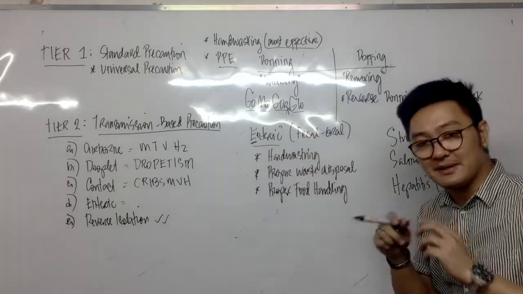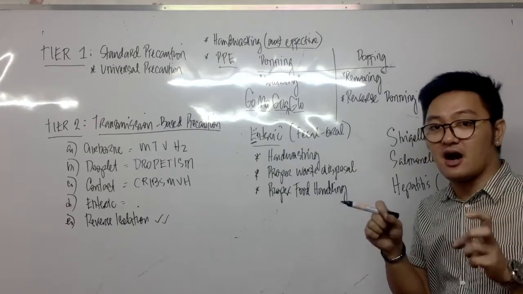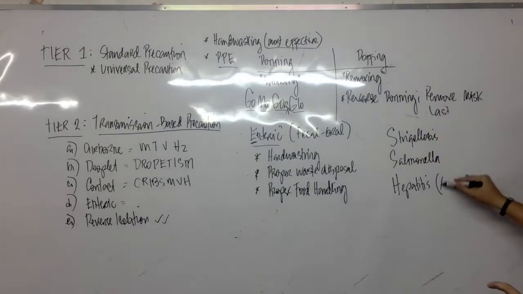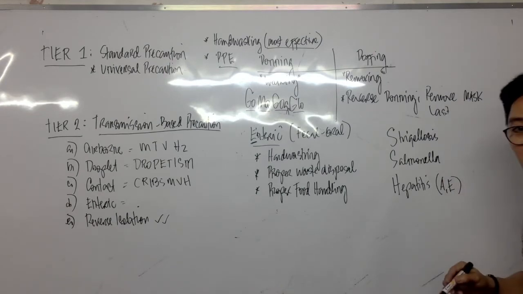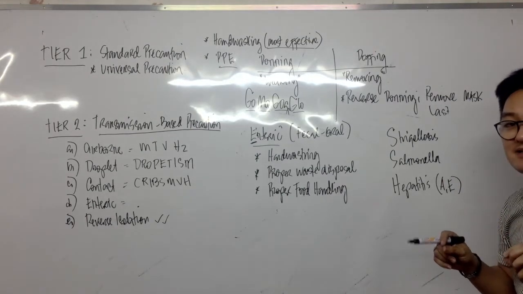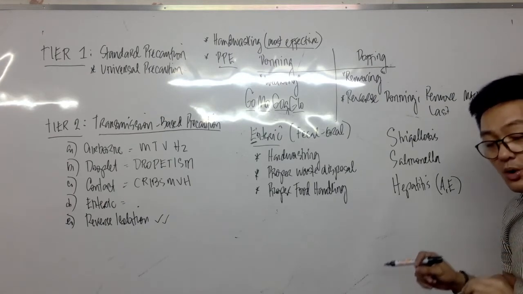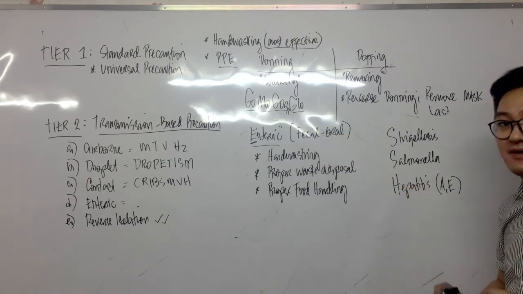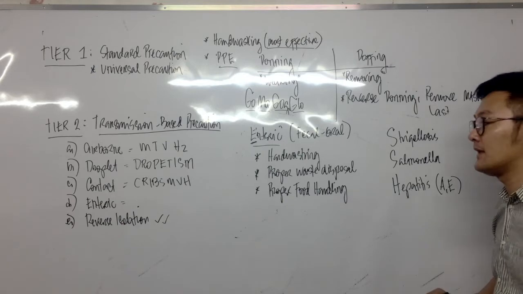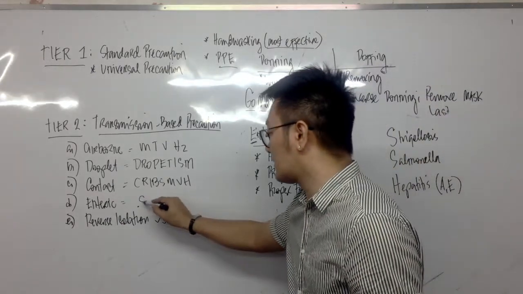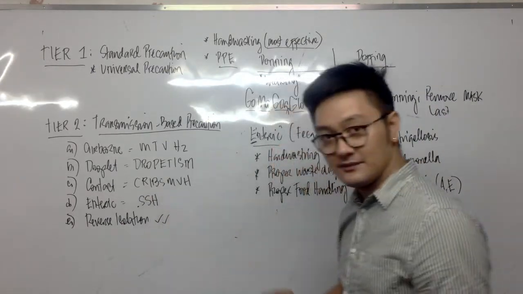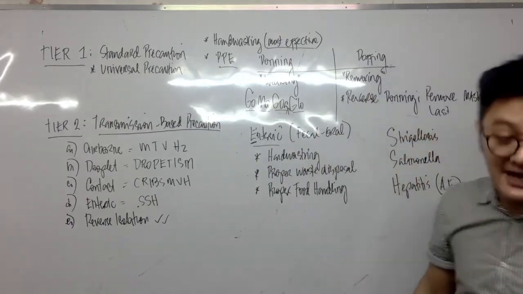So all vowel hepatitis are enteric spread, so this will be hepatitis A and hepatitis E. Can you follow? Because consonant hepatitis are contact spread, and vowel hepatitis are enteric spread. Okay, so here we have your SHH. Now what about reverse isolation?